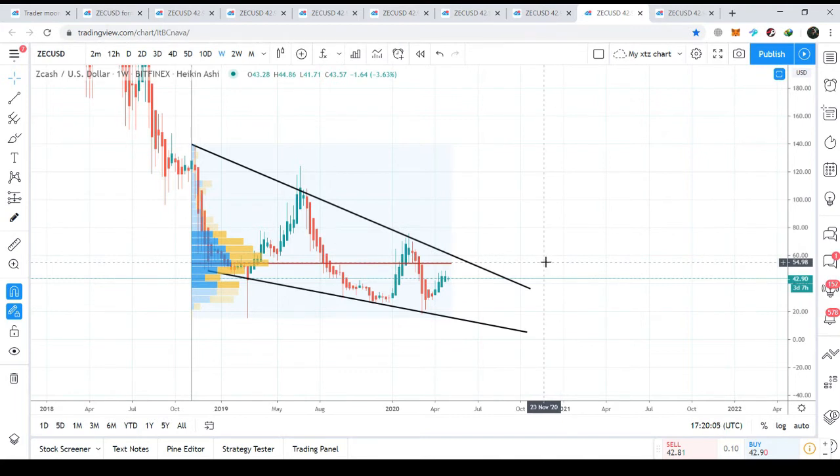That is a very positive thing, that we have a POC level very close to the resistance level. Therefore, the price line can easily reach the resistance level as well.